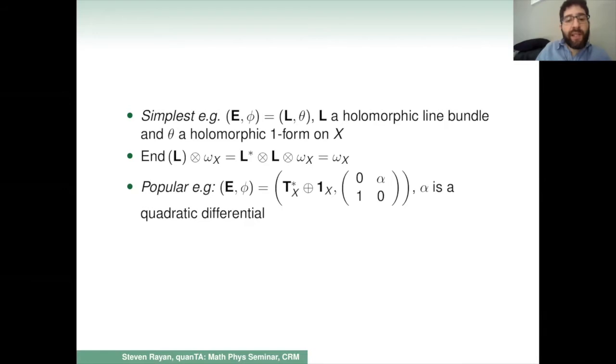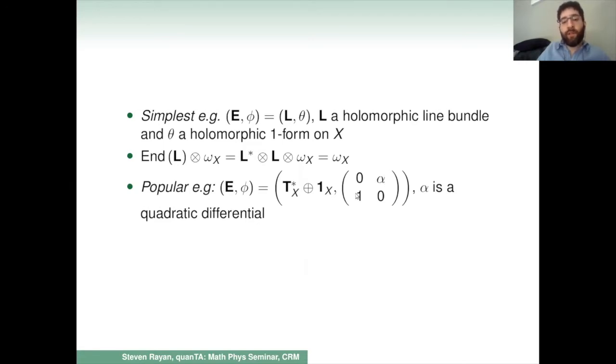Now, a popular example of a Higgs bundle of higher rank, so a less trivial example, so this is rank 2, is to take the direct sum of the trivial line bundle and the cotangent bundle, and to have a Higgs field, which is a 2 by 2 matrix with a 1 in one corner and something else in the opposite corner on the anti-diagonal.